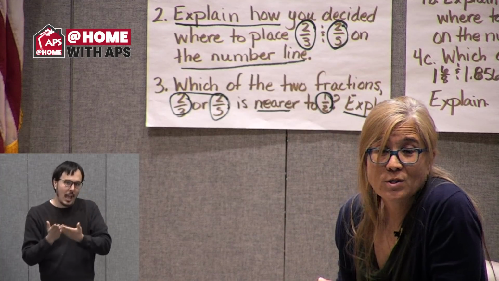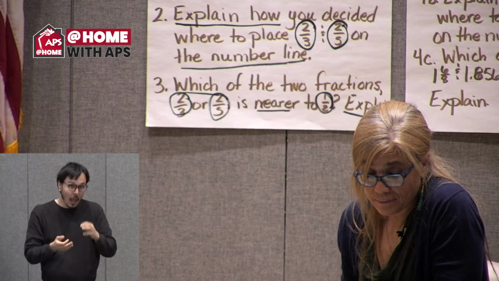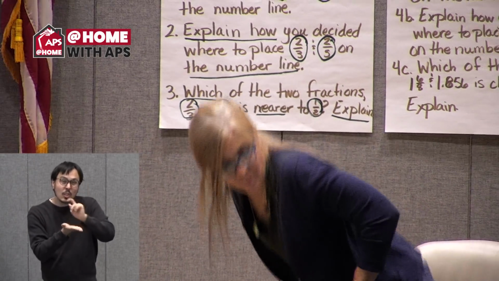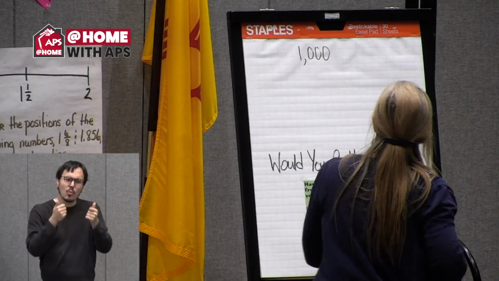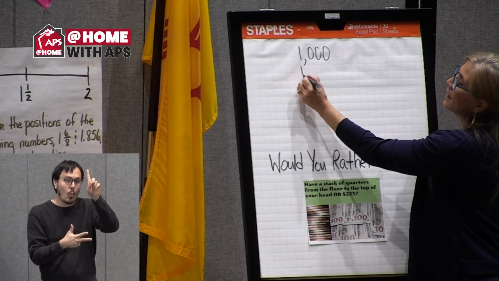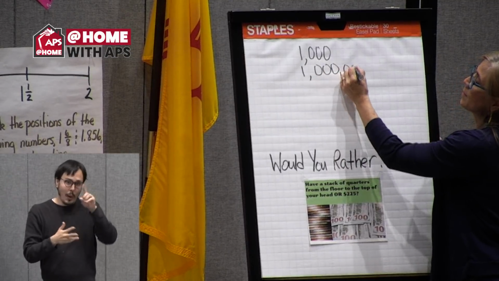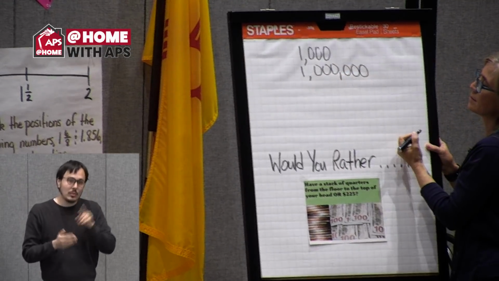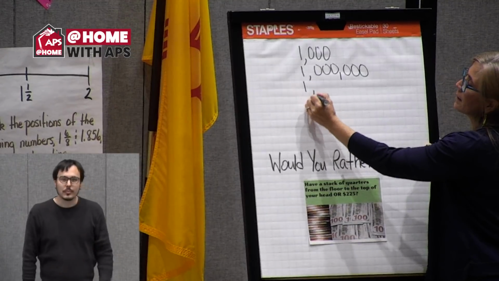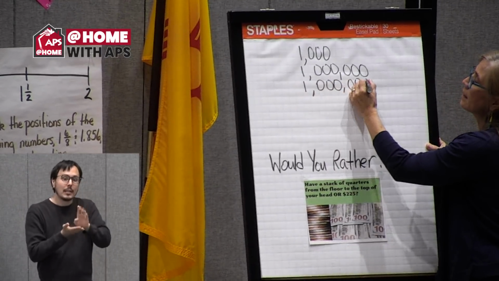But what would you decide? Do you think 1 million is bigger, 1 billion, or 1 trillion? Let's write the numbers and see what we think. So if we start with 1,000, 1 million is 1,000 thousands. So we need to add 3 more zeros. 1 billion is 1,000 millions.